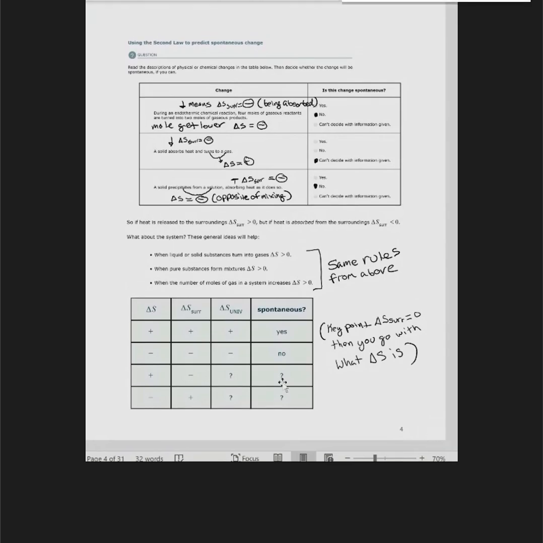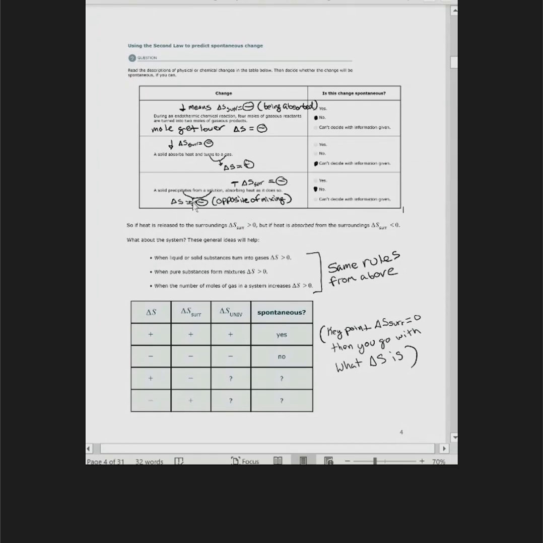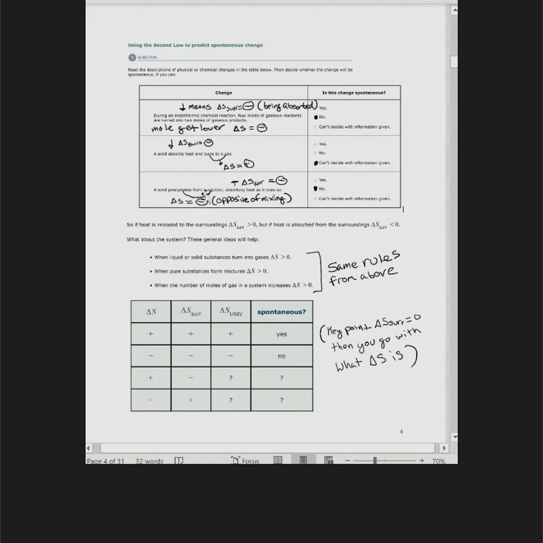Okay. Next one, a solid precipitates from a solution, absorbing heat as it does so. Perfect example. We already know since it's absorbing heat, delta S surroundings is negative. And since the solution is now having solid come out of it, it's the same question that we did before, right?